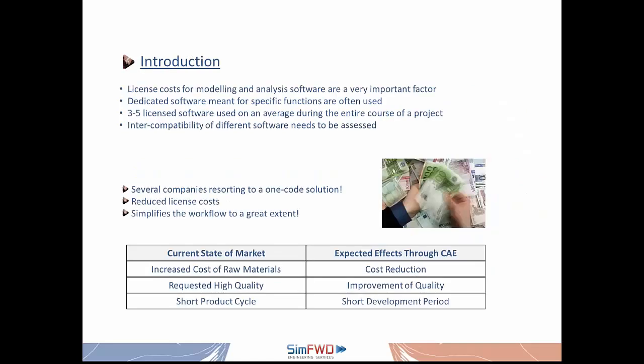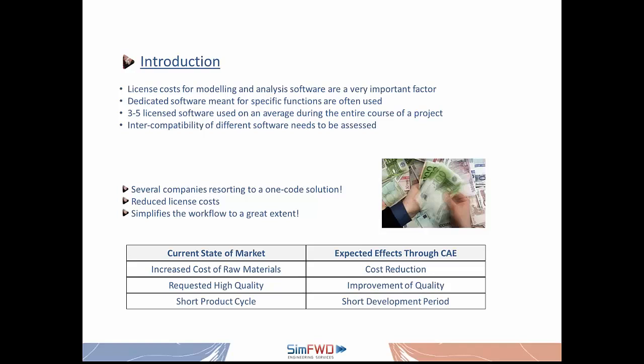Why are we looking at it nowadays? The license costs for modeling and analysis software are a very important factor. We are no longer in the era where people do not pay attention to licensing costs. It has become evident that the model of dedicated software for specific functions is no longer the best way forward.